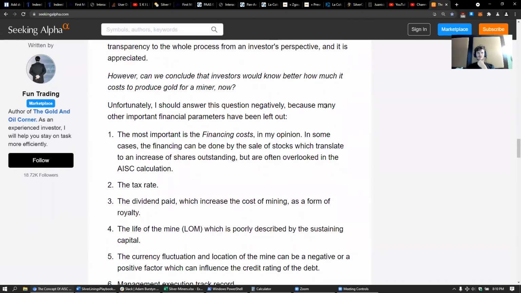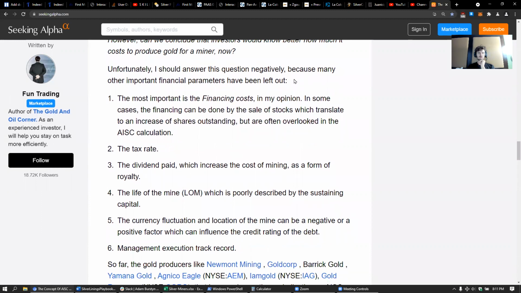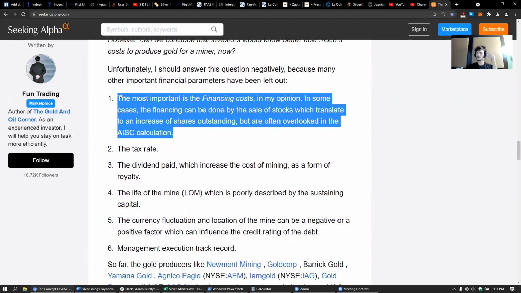However, can we conclude that investors would know better how much it costs a miner to produce gold or silver now? A lot of other financial parameters have been left out, and maybe we can take the AISC for these miners, particularly silver ones, and build on that formula here. That's certainly something to look at.